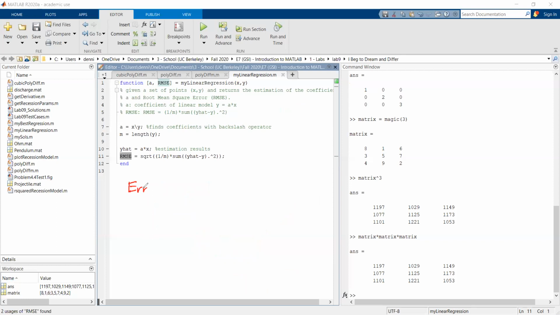So we do error, square, mean, and then root. The error right here is your y hat minus y. At each point, how far are you from the actual point? Here's your predicted line, and then here's the actual. So y hat, and this is y. That's called the residual.